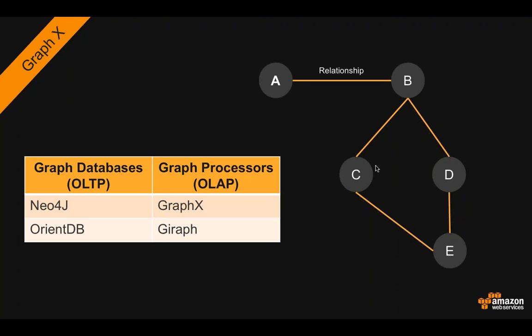And then you have the graph processing engines, and these typically work in more of a batch fashion where you're actually running some analysis across the network. So, how many levels is this particular entity separated from a different entity? Things like that. Things where you have to do a lot of scanning, a lot of hops between the different nodes. And so GraphX falls into that second category. So it's a graph processing engine as opposed to a graph database, like say Neo4j.